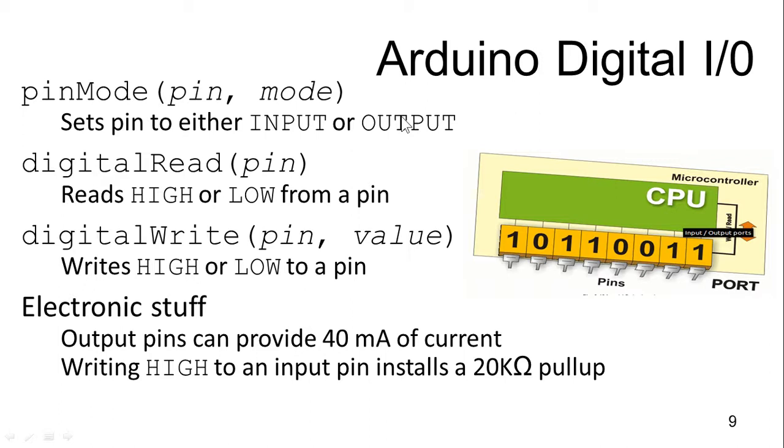However, in the case of Arduino, there are built-in pull-up resistors, so most of the time there's no need to put in an extra pull-up resistor. When we use digitalWrite and high, there's an automatic 20 kilo ohm pull-up resistor on that pin.